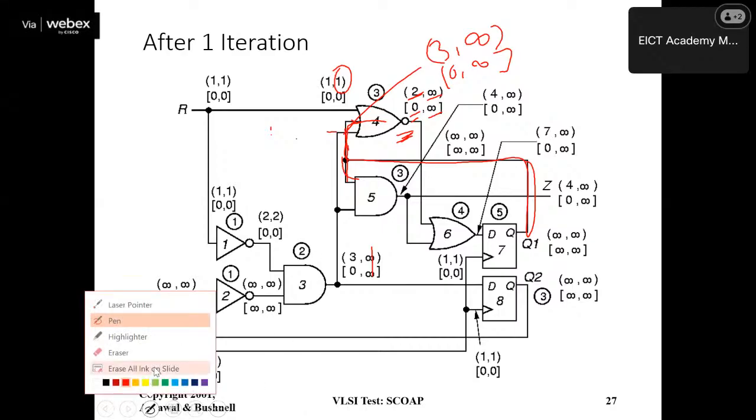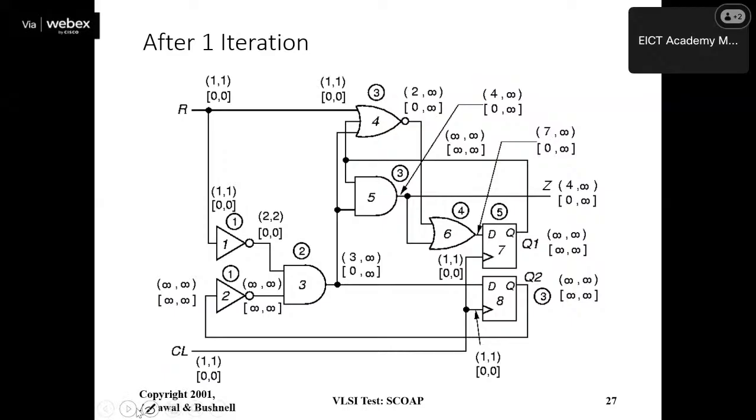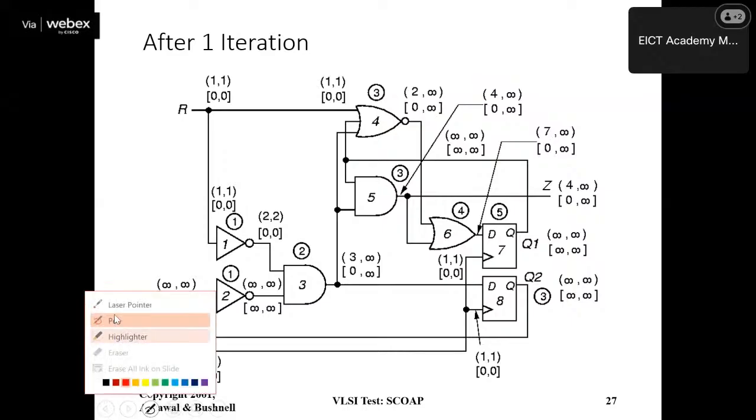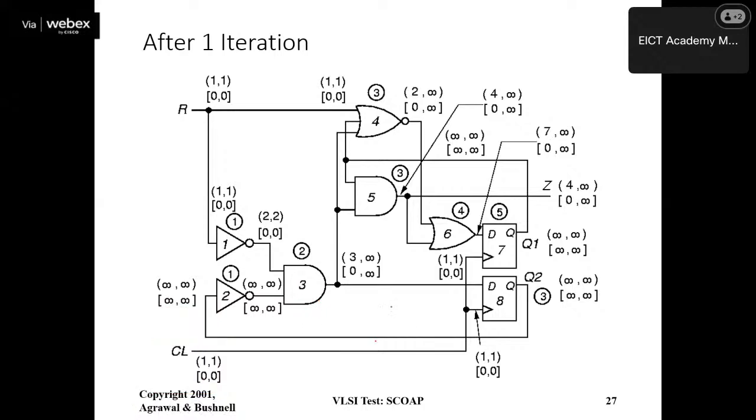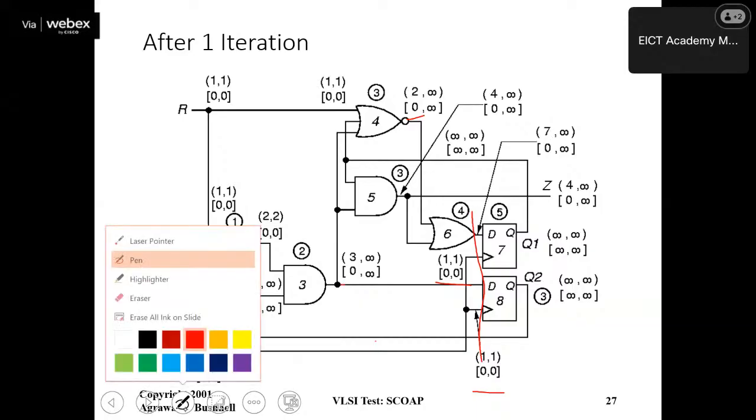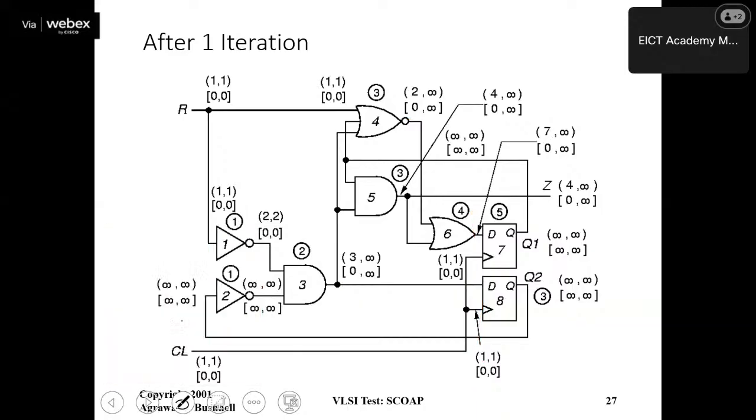Here you can visualize one thing, that the SC of all these, unless they have been passed through a flip-flop, are 0. Till here, all the SCs are 0. Now let's compute the next. So now we are here. First we have to compute for this also. In order to compute for this, look at this.